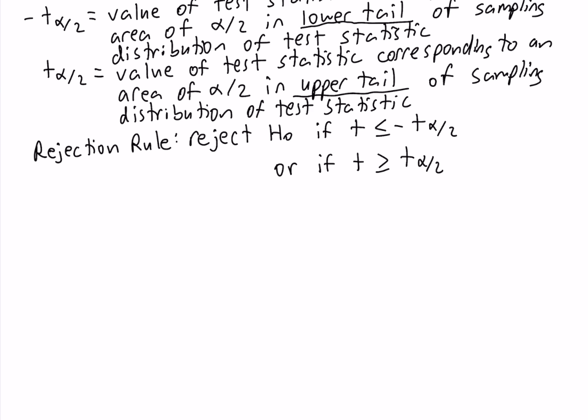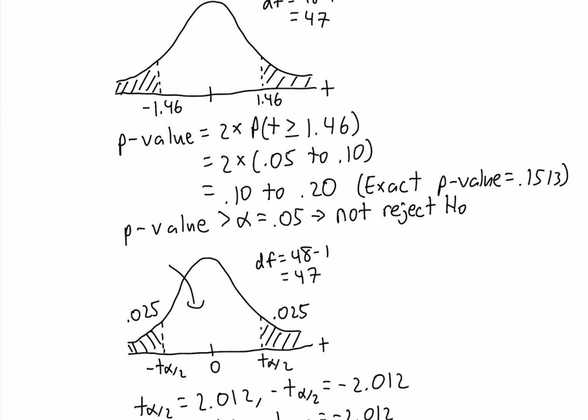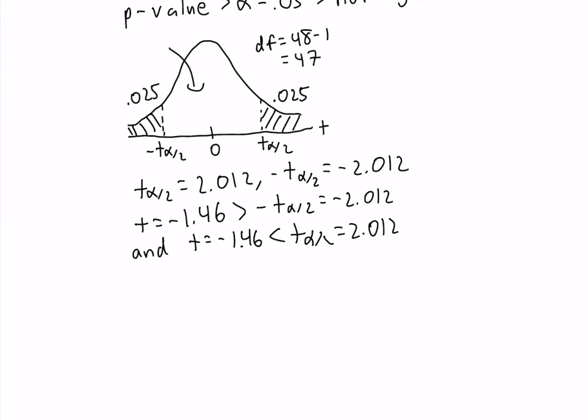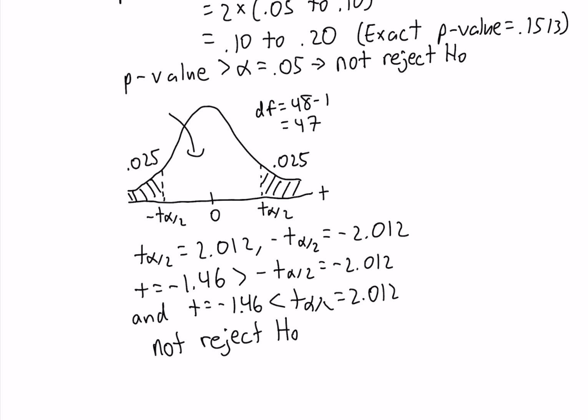So we can't reject the null. The conclusion again is do not reject the null, which is the same conclusion that we came to with the p-value approach.